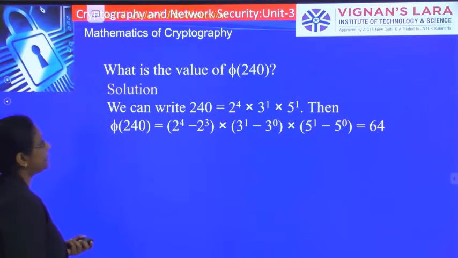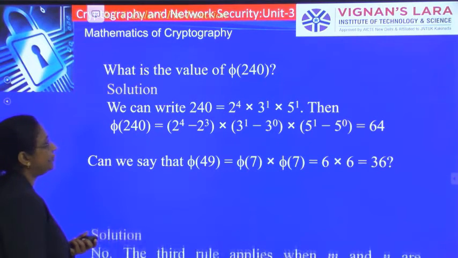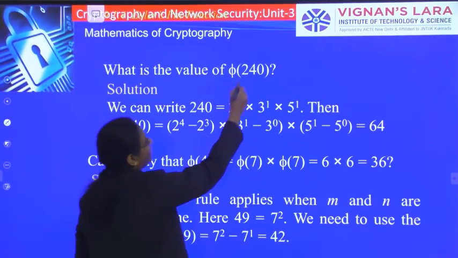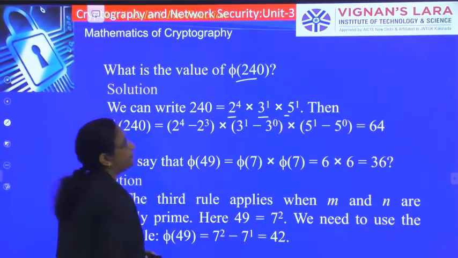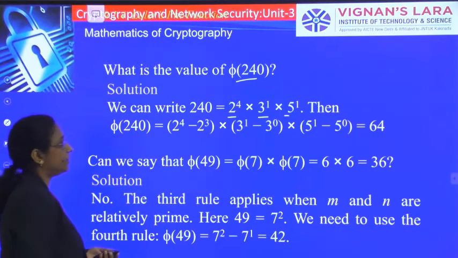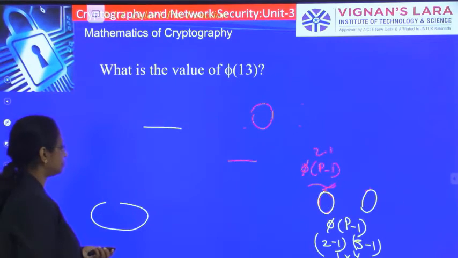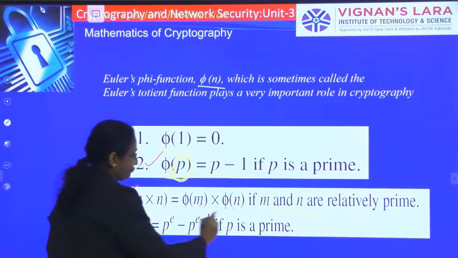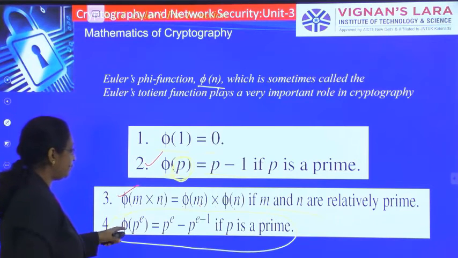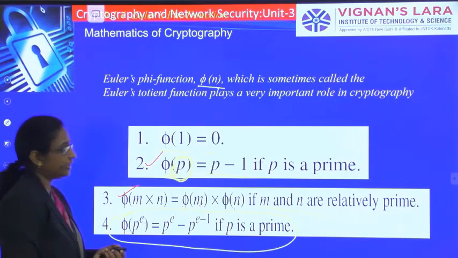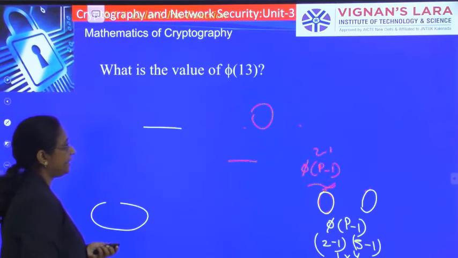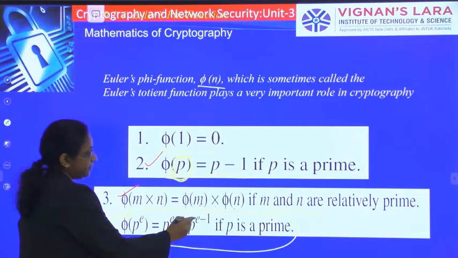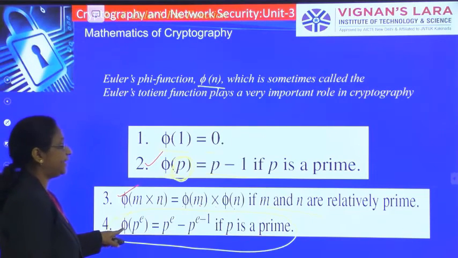This is another example. What is the value of phi 240? Since 240 can be written in factors in the form of prime numbers, this is your condition 4, phi of p to the power of e. We write p to the power of e minus p to the power of e minus 1 if p is prime.